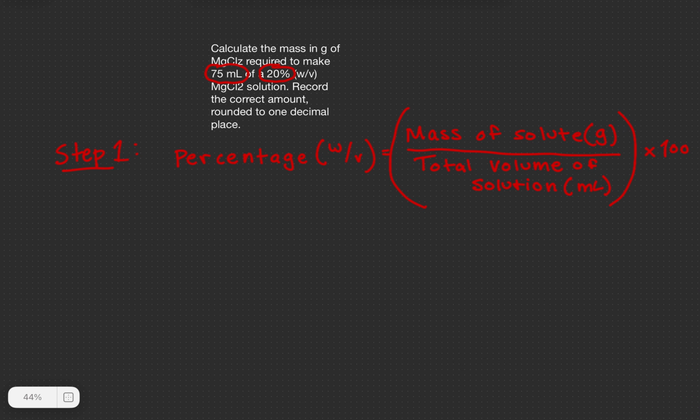So in step two, we need to identify what's been given to us. So let's write ID the given info.